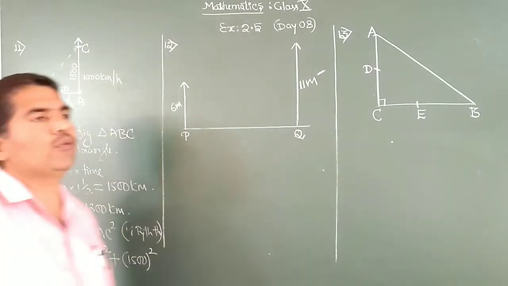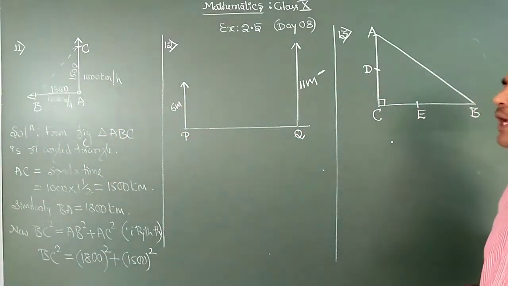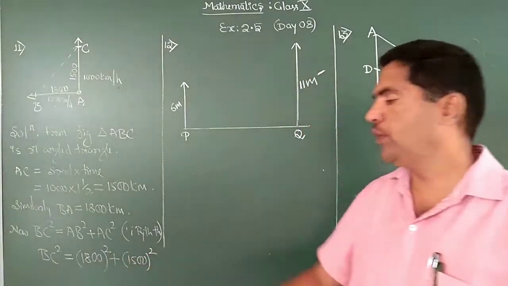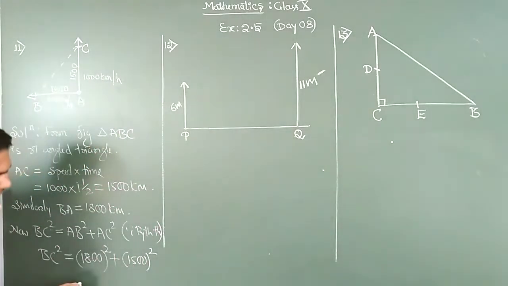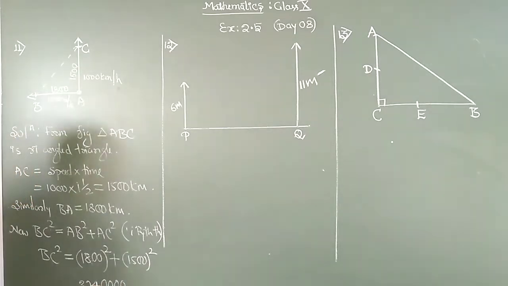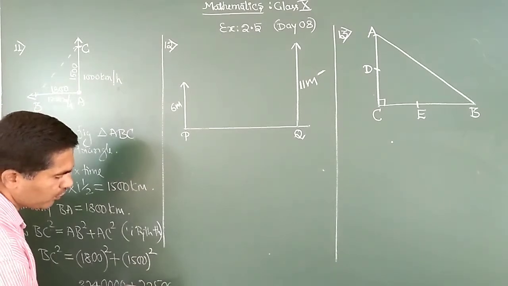Don't go on doing squares of 1800 or 1500. 18 square you do, put the zeros. 15 square you do. That's all. So 18 square is how much? 324. How many zeros you are supposed to put? There should be 4 zeros. Be very careful. You are writing squares. Plus 15 square is 225. Again 4 zeros.